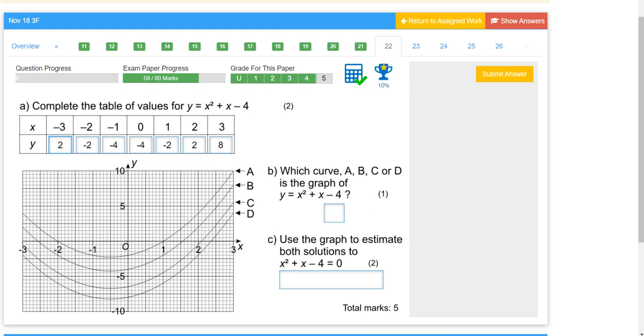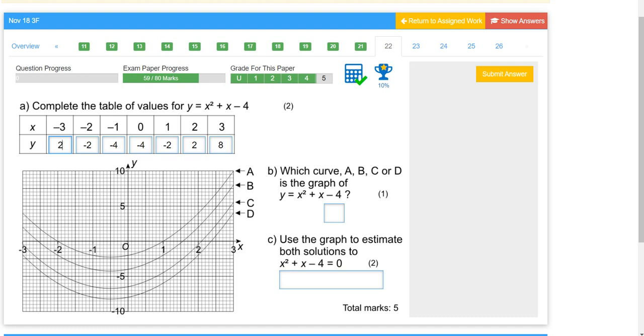And then I'm asked which of these curves, A, B, C, or D, is that graph. Well, how do I do it? Basically, I ask myself, when x is 0, the y value is negative 4. So which of those goes through 0, negative 4?